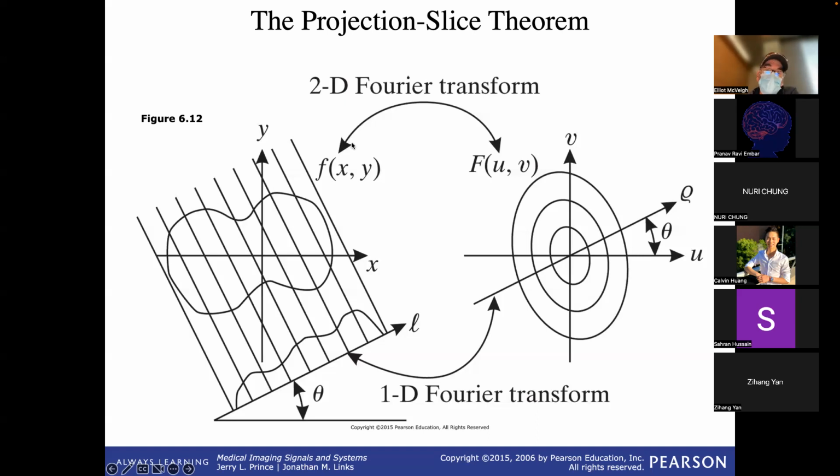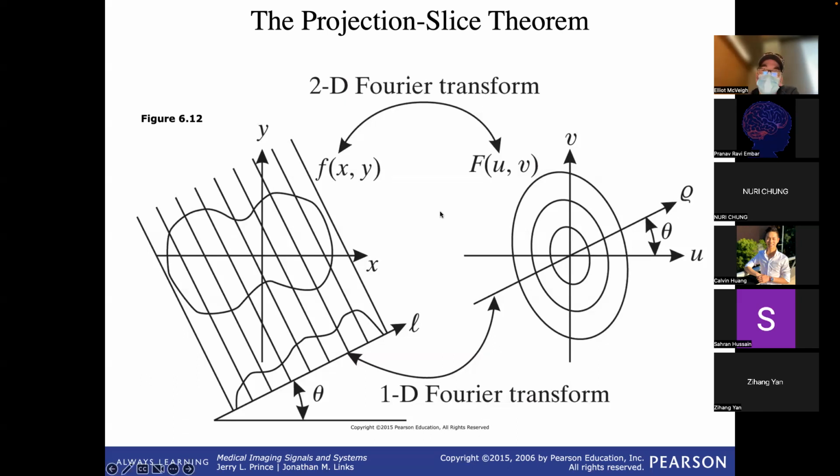All right, so take the Fourier transform of the original image, I get this function, it's here. Do these integrals, get g of L, theta, take its 1D Fourier transform, I get these values along here of the Fourier transform of the image.